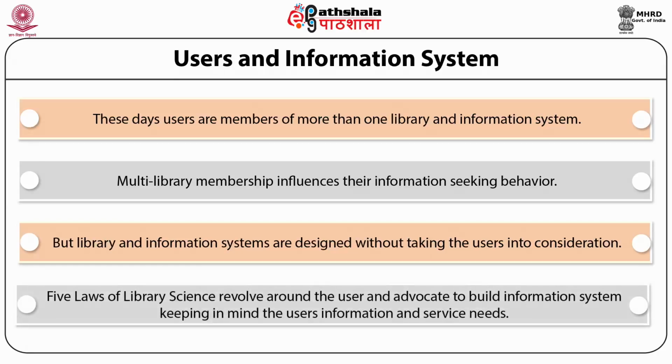The 5 laws of library science revolve around the user and advocate to build information system keeping in mind the user's information and service needs. This is reflected in not one or two but all the 5 laws that all activities of the library should revolve around it, and rather the designing of the information system should focus on information needs and services of the users.